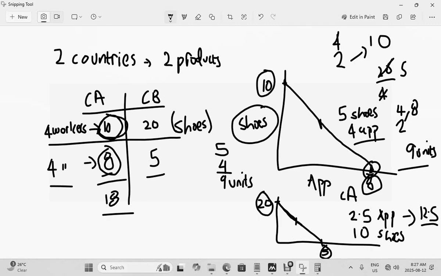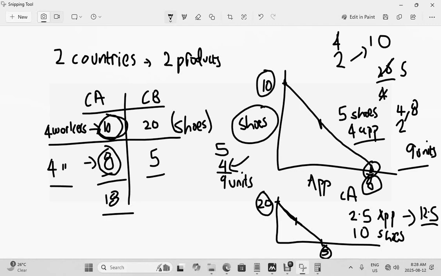And the total units is more when it comes to appliances. With 4 workers, they could have produced 8 appliances. Over here, they produced 9 units altogether. Nevertheless, when it comes to supplying appliances, they won't be able to supply other countries, because now they're producing 4 less appliances.